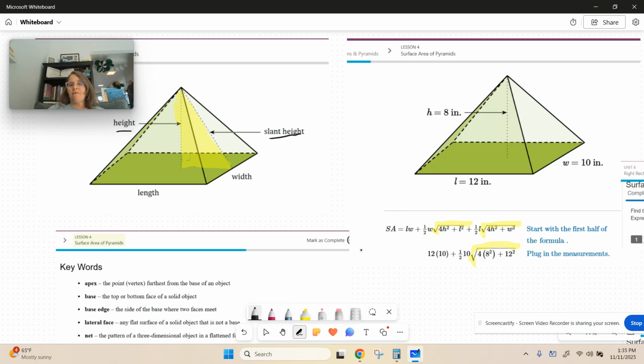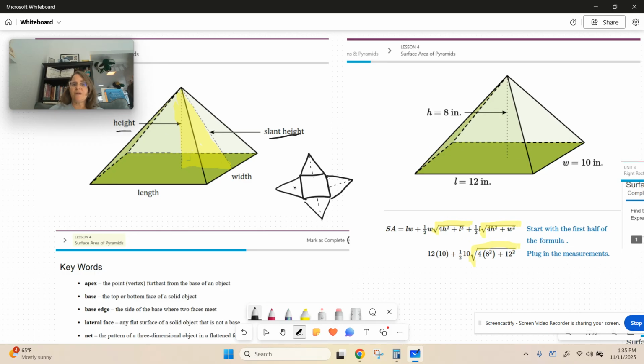In the formula, what you're doing here, if you think about the pyramid, if we were to unfold it, the slant height would be this right here that I'm drawing with a dotted line. Picture taking apart that pyramid at the apex and folding it flat.